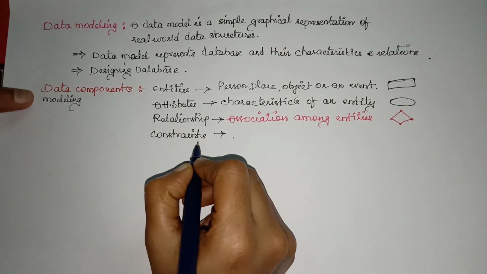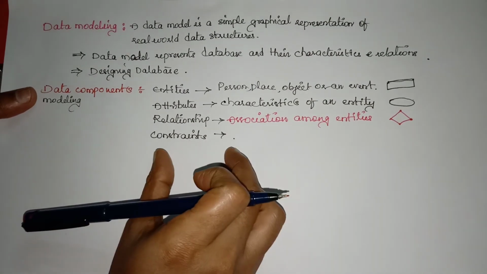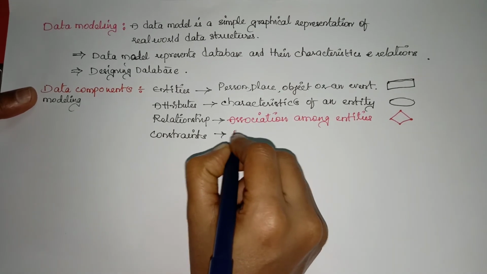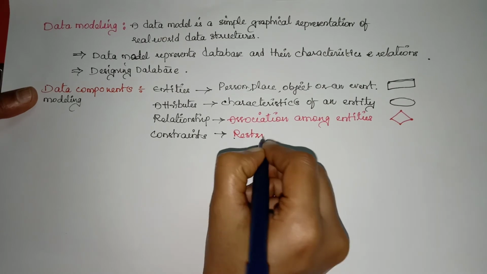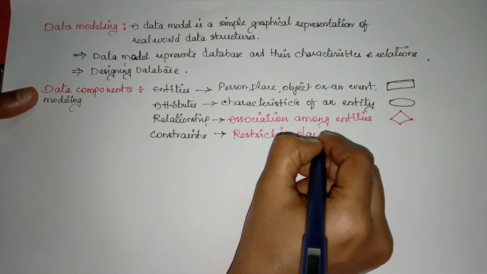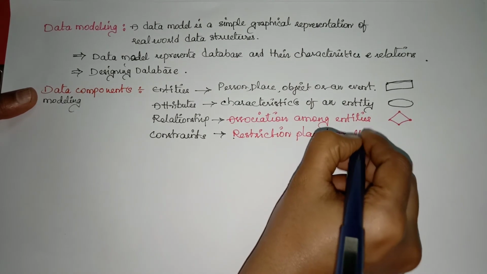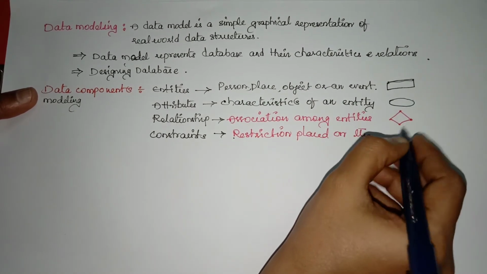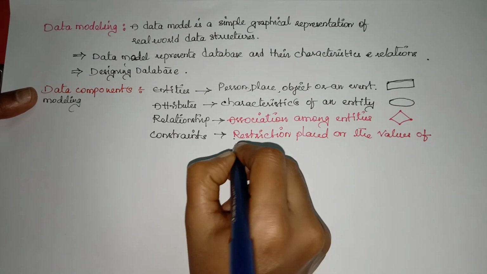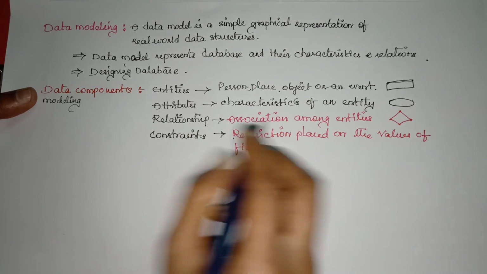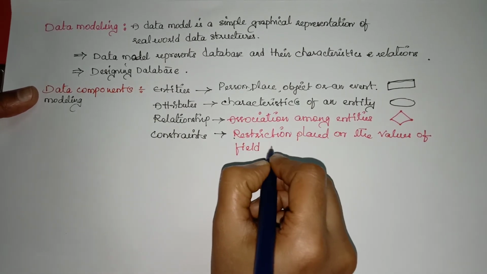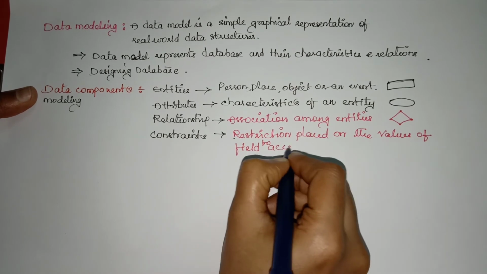And finally, constraint. It is a kind of restriction placed on the values of a field. A field is nothing but a property or attribute, restricted to accept only appropriate values.